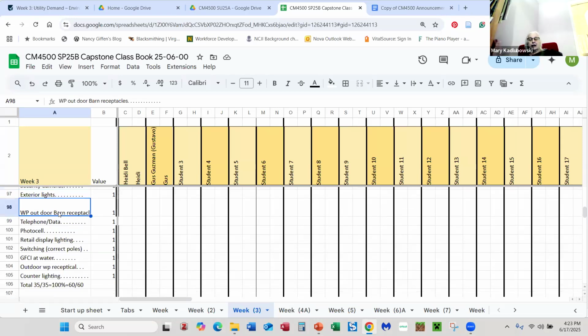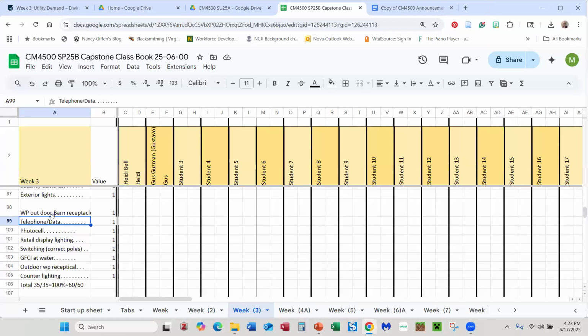In the clinic area and on the outside, any outside receptacles, any duplexes have to be notated WP for weatherproof. You're going to need telephone lines and data lines, particularly at your administrative area. Can you repeat that last part?